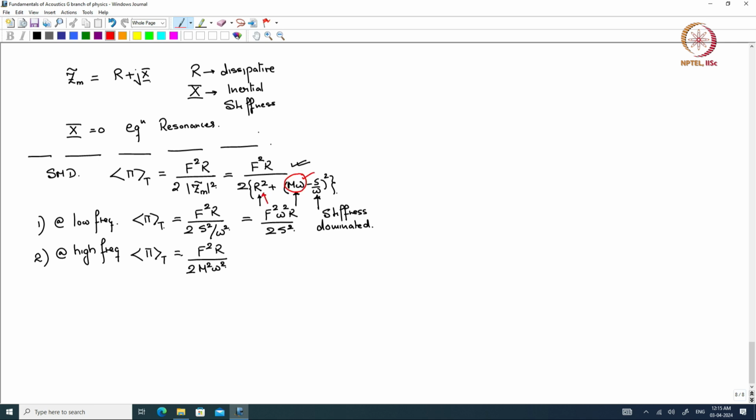So this becomes negligible, and this also becomes negligible, and this is the result. So now we have this region called the mass dominated region.